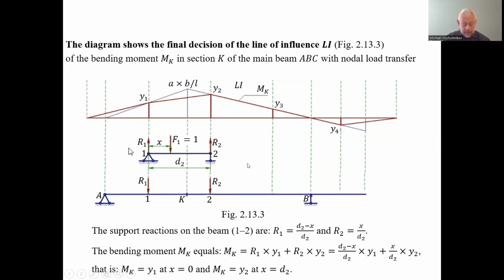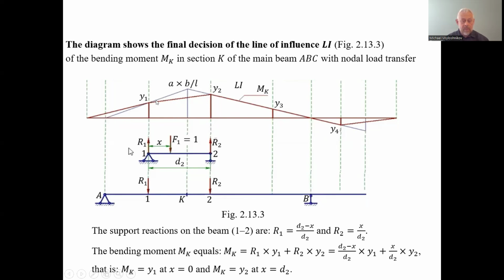This line of action is the connection of nodes of the magnitudes of the line of action of the moving load on the bending moment in the main beam in the point K, assuming that we have no auxiliary beam and the load moves right on the main beam, and we have originally one line of influence.